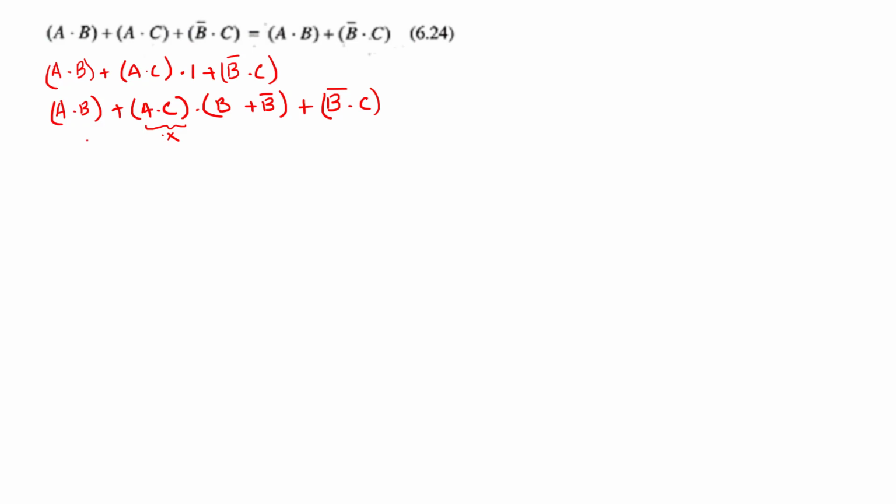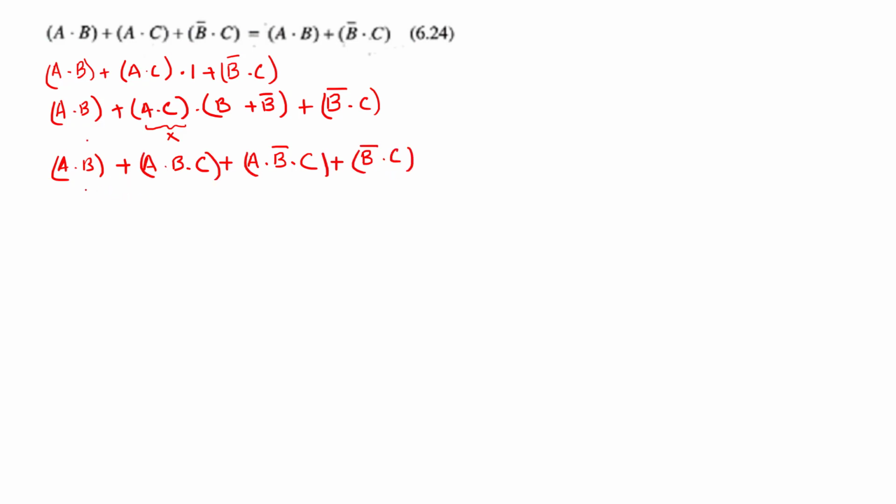So if I replace X back to its original value, X AND B will basically reduce to A AND C AND B, which I can rewrite as A AND B AND C, OR X AND B bar, and X is A AND C, so I can write it A AND B bar AND C, OR this last term over here which is going to be B bar AND C.